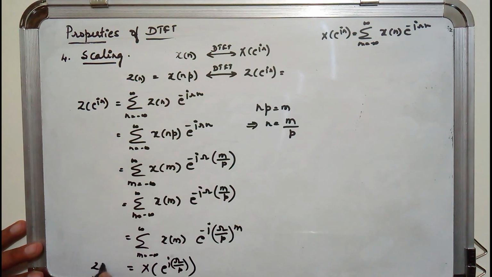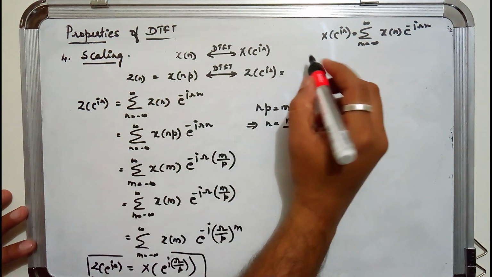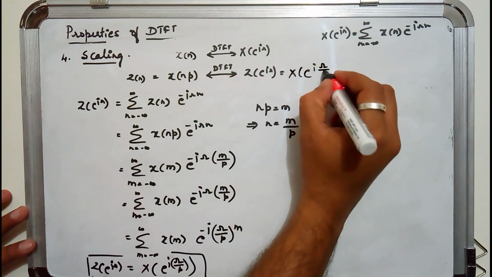So this is z of e power j omega. So scaling in time domain will result in expansion in frequency domain, because omega by p is an expanded version of your spectrum of x of e power j omega.